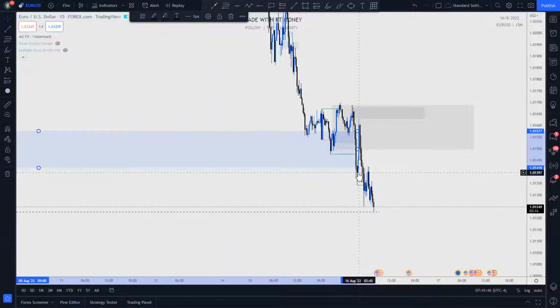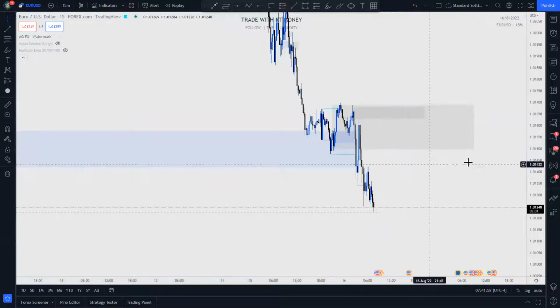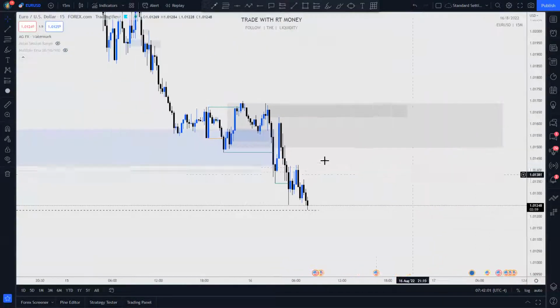So what does that mean? For me, that's always the opportunity to look for the supply that is responsible for breaking that demand, and to look for a pullback for a high probability trade to the downside. And that's exactly what happened right here: a mitigation of this refined zone.